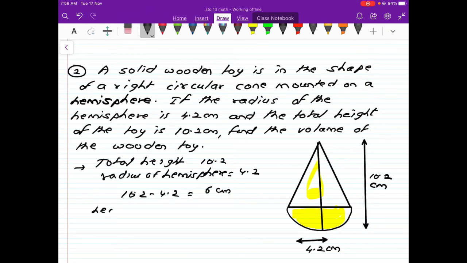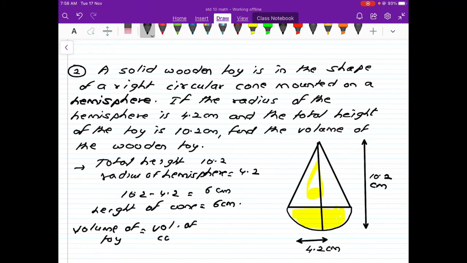This becomes the height of the cone. It is 6 centimeters. So now we have to find the volume of the total toy. So volume of the toy is equal to volume of the cone plus the volume of the hemisphere.